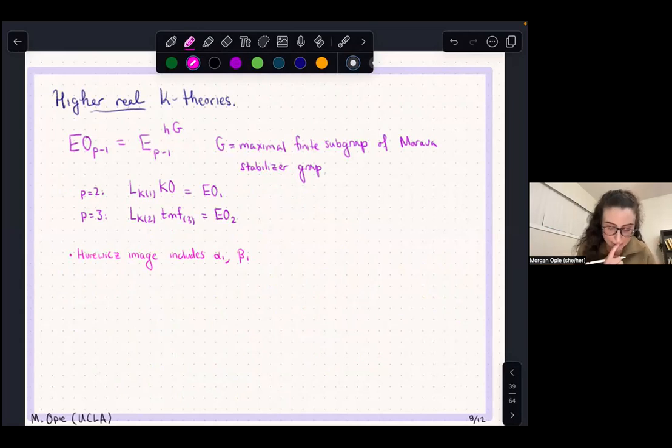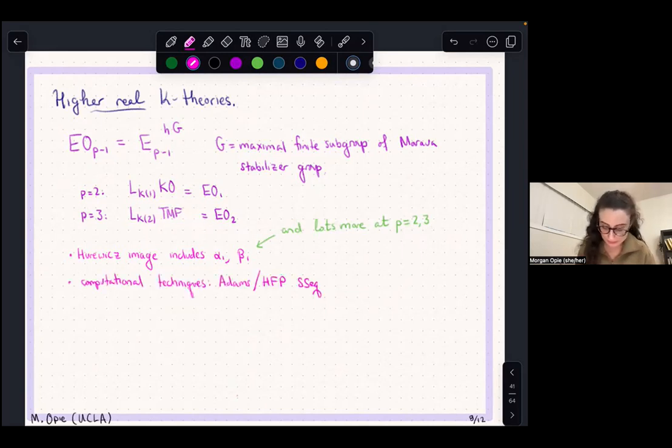We can essentially say that at p equals 2, the higher real K-theory EO_1 is essentially KO. At p equals 3, the higher real K-theory EO_2 is essentially TMF. And the Hurewicz image includes the classes alpha 1 and beta 1, which is kind of useful for knowing what types of vector bundles will show up. There's also a lot more Hurewicz image at p equals 2 and p equals 3, which will be useful later in this talk.